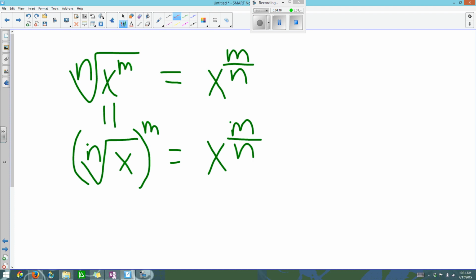So I have an example for you. I want you to rewrite the 7th root of x cubed as a rational exponent.